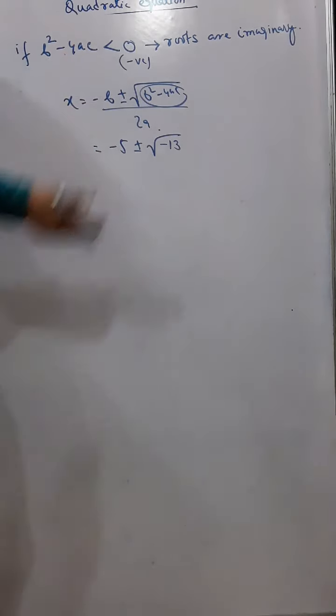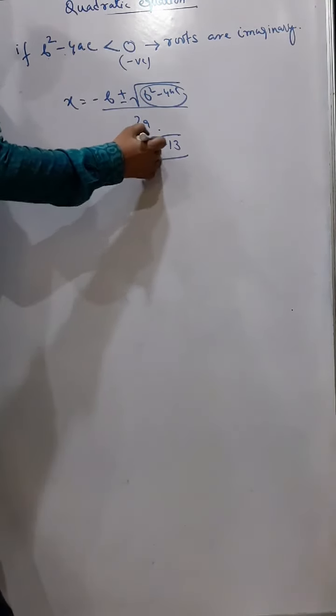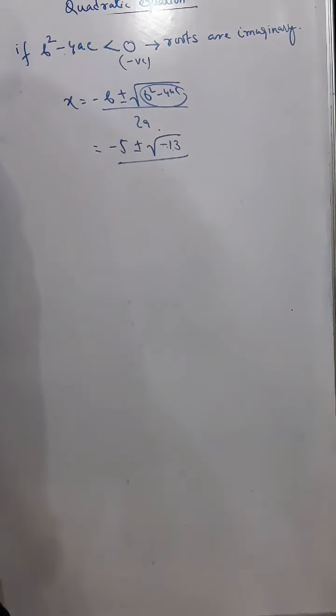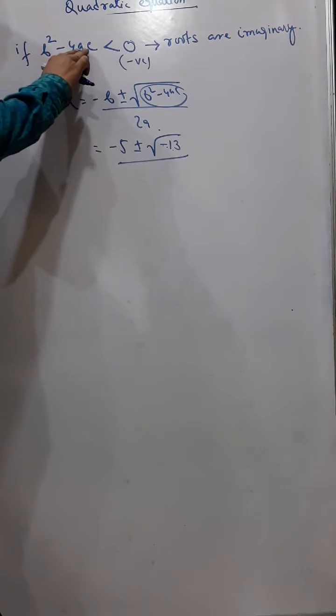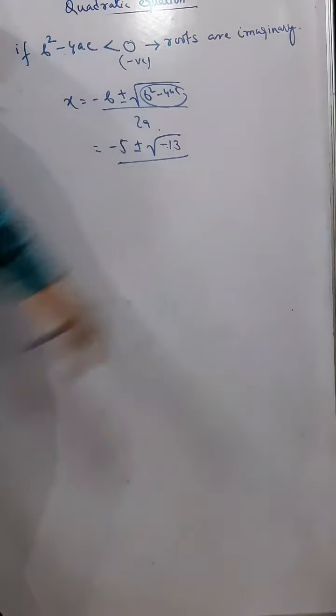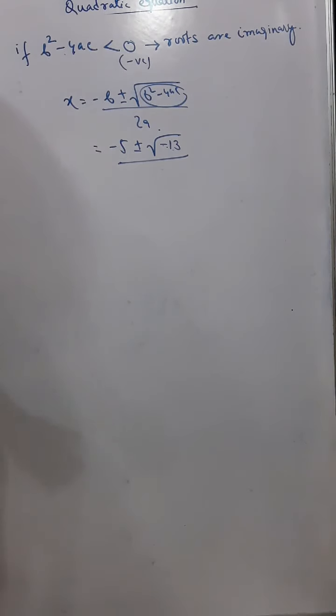I have already explained that if there is a negative number inside a square root, then the roots will be imaginary. So if b square minus 4ac is less than 0, the roots are imaginary.